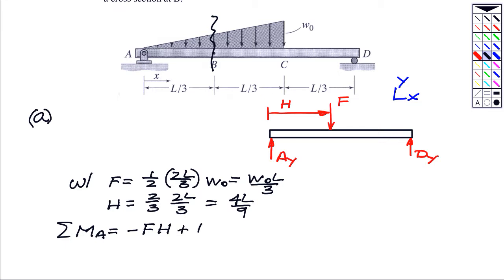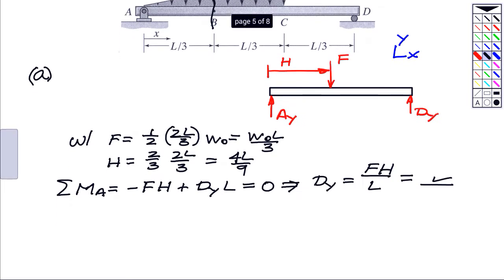DY has a moment arm of L. That moment is a plus because it's in the counterclockwise sense. For equilibrium, that is 0. So from this, we get DY is equal to the resultant force F times the distance H, which I found above, divided by L. So we have all the numbers that go in here for DY.